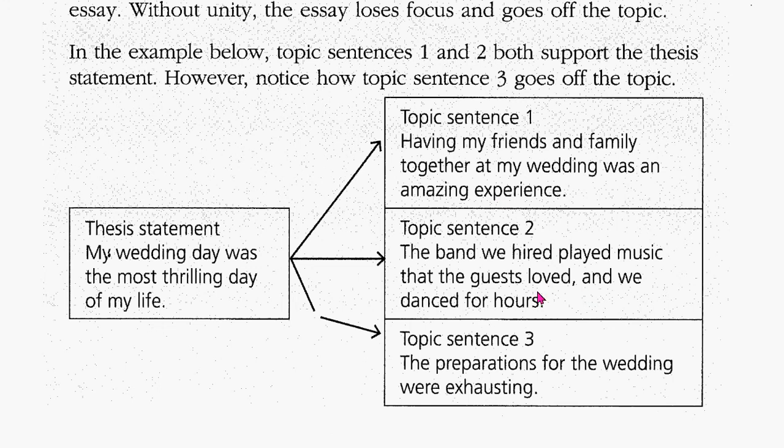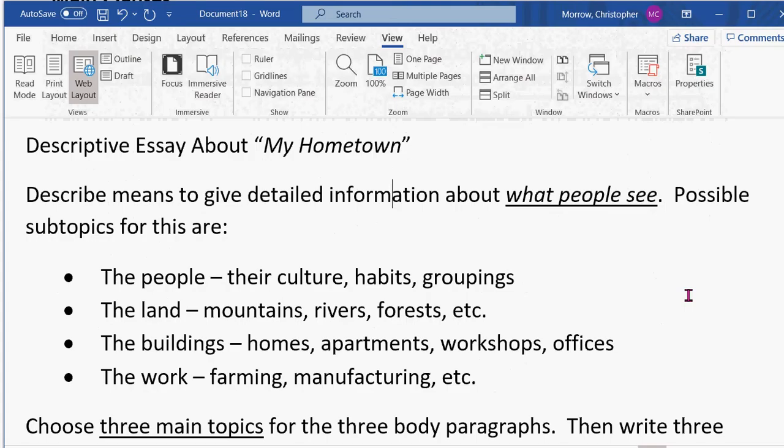Number 2, played music we loved. Number 3, exhausting. Now, exhausting is kind of a bad word in English, and it doesn't directly connect to thrilling, but if you're so excited and thrilled, then at the end you probably will be exhausted.